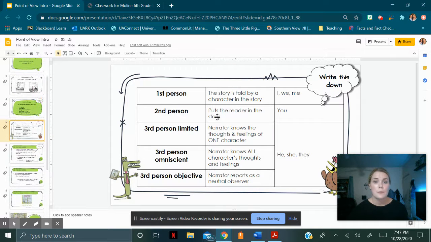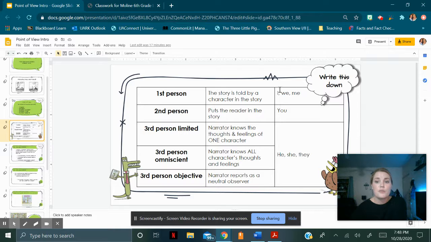So this chart looks like a lot, but you do need to write it down. And I just want to briefly go over it because I know it looks like a lot and you guys might be confused whenever you see it. So whenever we think of first person point of view, that means that the story is being told by a character in the story.